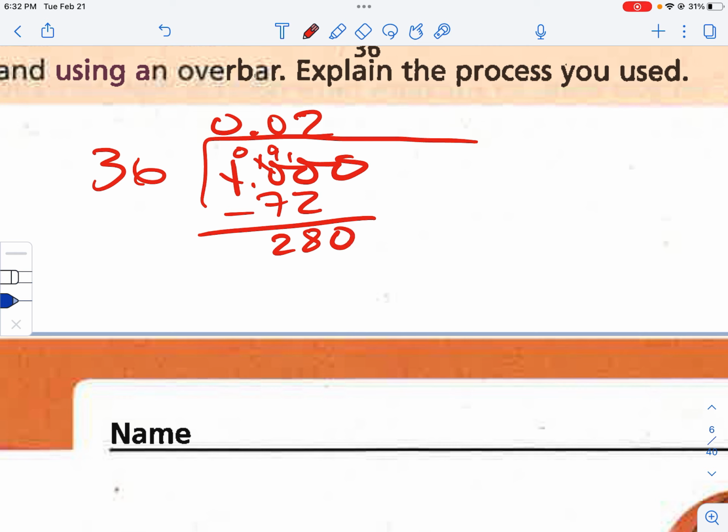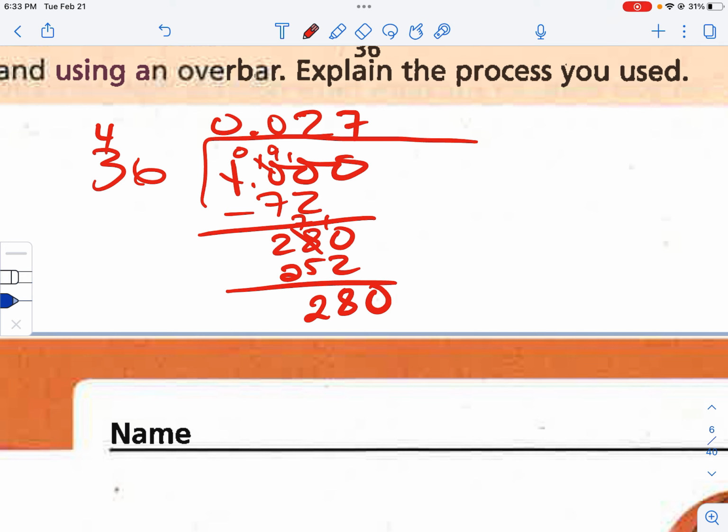That's a 28. 36 goes in 1, 2, 3, 4, 5, 6, 7 times. So that would be 42. That goes in, that's 21, that's 25. Borrow. That'll get me 8. That'll get me 28. Oh, look at that.